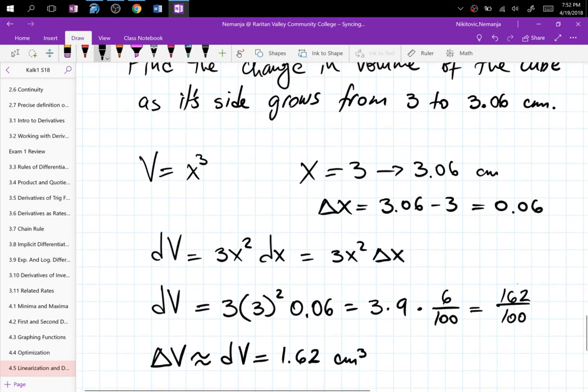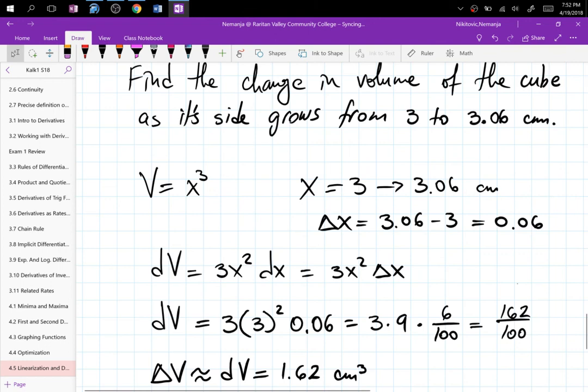So if the side grows 0.06, that means the volume should grow by 1.62. Now, you have the power, with your calculator, to check how close this calculation is. So go ahead.